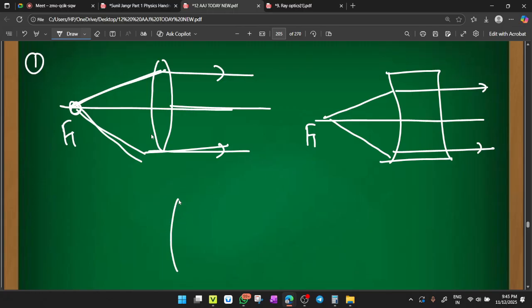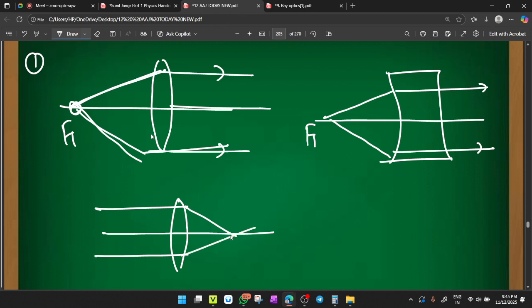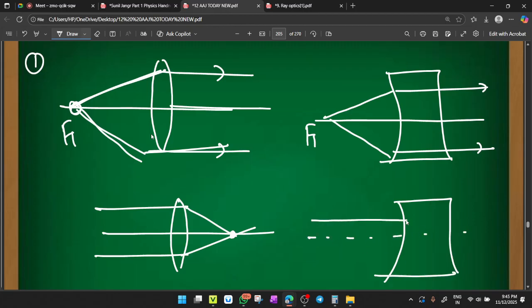And the second principal focus, that is supposed to be the main focus: the rays coming parallel to the principal axis, after the refraction, meet at a point, or for the concave appear to meet at some point. That is called your second principal focus. So here it will be F2 and here it will be F2.